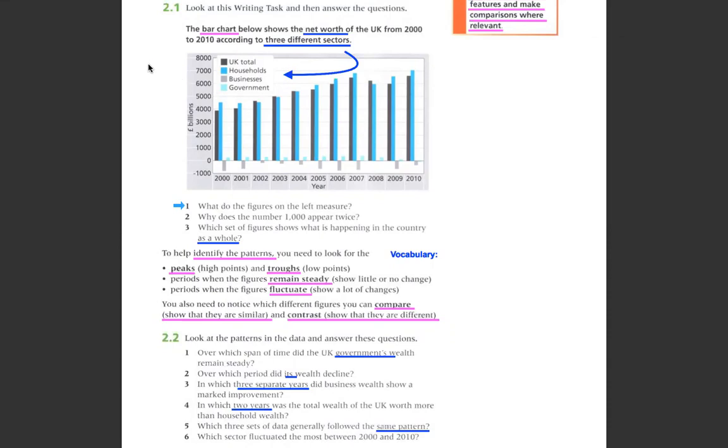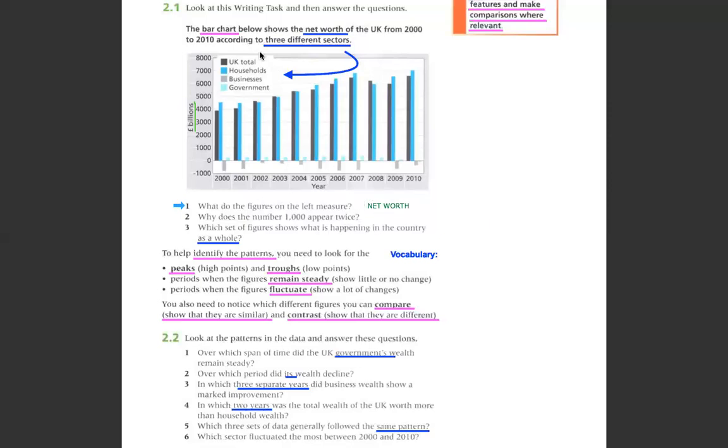What is being measured over here in billions of pounds? So what is being measured over here? Yep, well done. It's the net worth, right? It says in the question.